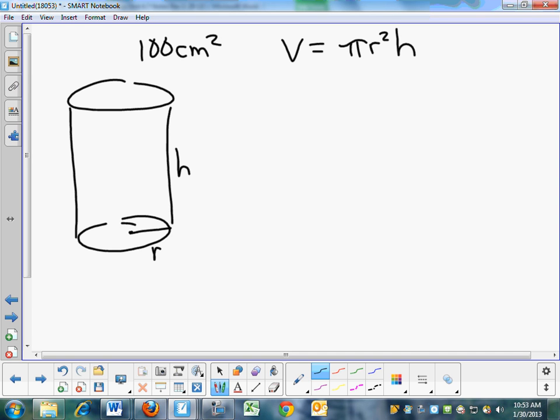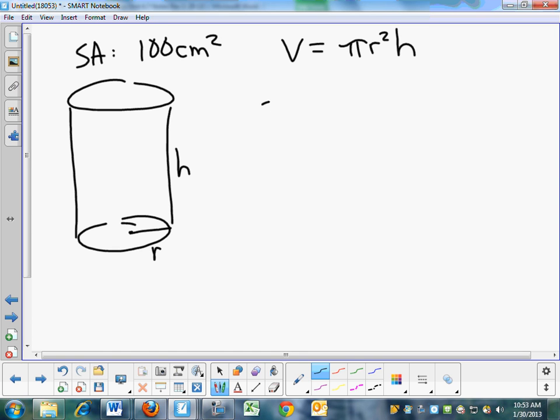This is problematic though, isn't it? Because why? Got two variables, don't we? We only have 100 square centimeters to use. If I want to talk about square centimeters, I need to talk about the surface area.